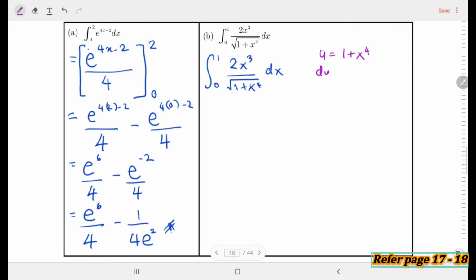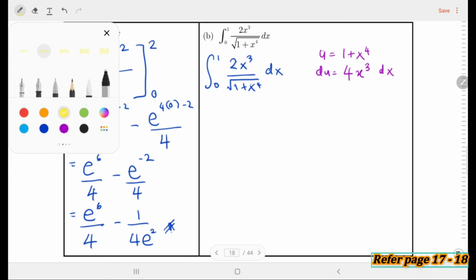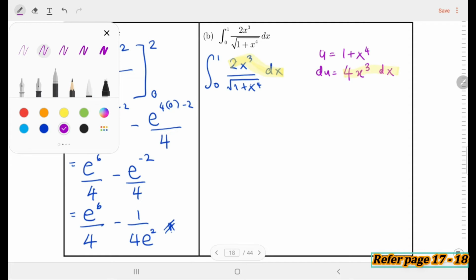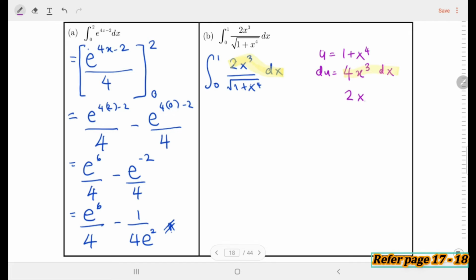When I differentiate, it becomes du equals 4x to the power of 3 dx. Look at the original question: we have 2x^3 dx, but here I have 4x^3 dx. So how to make it into 2x^3 dx? 2x^3 dx equals du over 2.